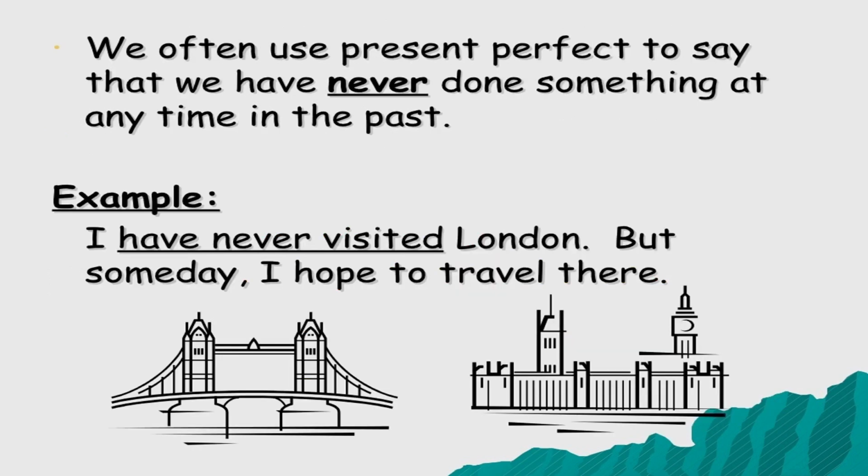Now, we often use present perfect to say that we have never done something at any time in the past. So we use this adverb of frequency, never, to express this in present perfect form. Like, I have never visited London. See here the use of the word never. I have never been there. I have never tasted pizza.